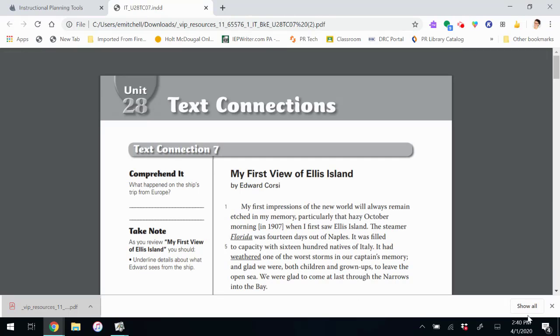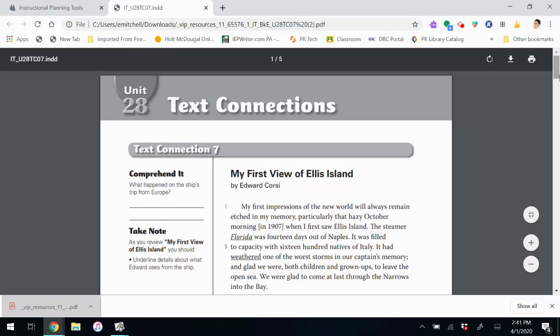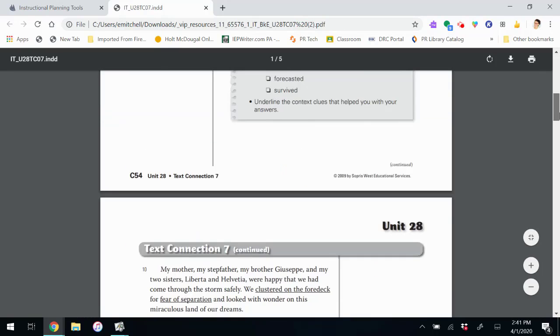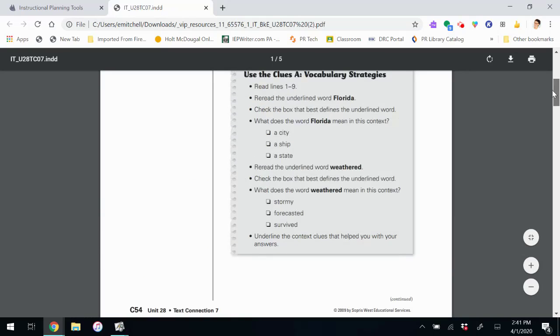Step 5 of this lesson, our listening and reading comprehension step, will consist today of you reading a selection, responding to comprehension questions, and using a structured note-taking process to analyze text structure and identify specific information to build comprehension. So open up your text connection number 7 file, or go to the back of your book, page C54, in your interactive text.